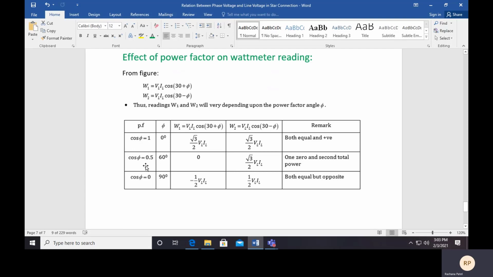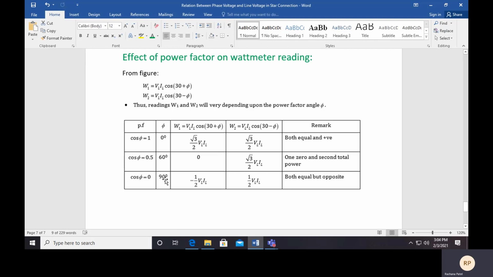Same way for the second case, cos phi is equal to 0.5. By placing phi as 60, W1 will be 0 and W2 will be this. Our remark is when W1 reading is 0 and the second is the total power, we can say power factor is 0.5.